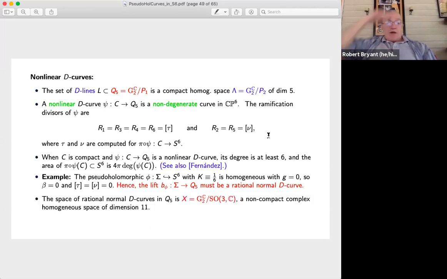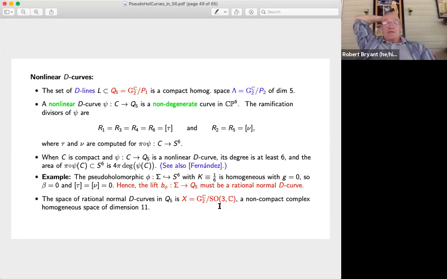Now, the rational normal curves, the rational normal D curves, are in fact a homogeneous space. If you look at it in general, the symmetry group of a rational normal curve is SO3C, actually, or PSL2C if you want.